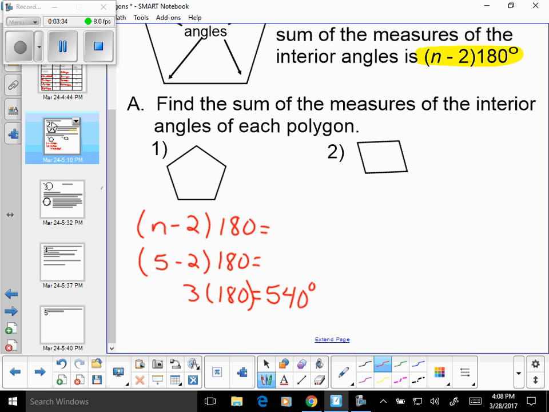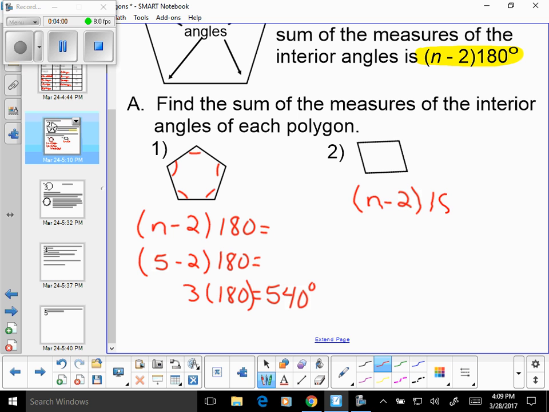So if we actually measured each of these angles, here, here, here, here, and here, added them up, we would come up with 540 degrees. You hopefully remember that if you're dealing with a quadrilateral, rectangles, for example, had 4 right angles, squares had 4 right angles, 4 times 90 is 360, but we can also use a formula.